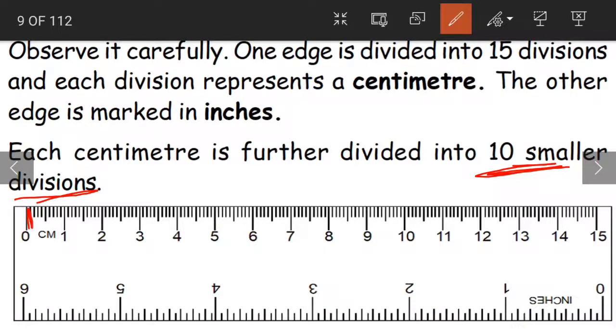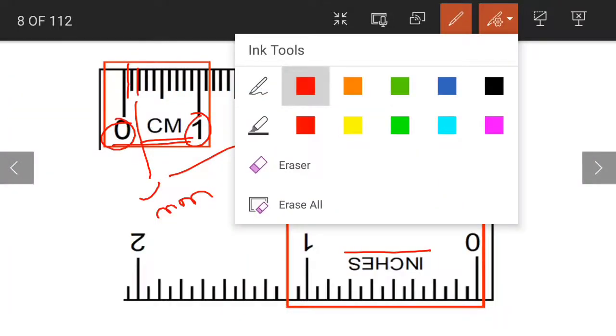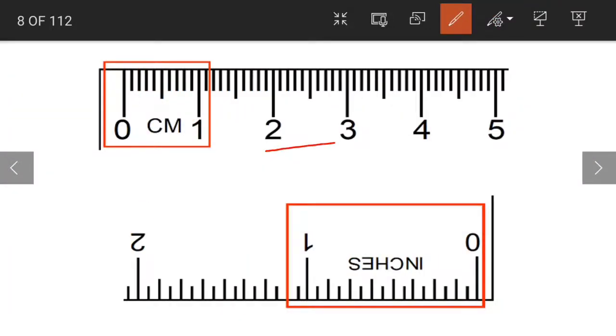See, this is only one part out of the 10 divisions. If you want to represent it as a fraction, the fraction would be 1 by 10. The centimeter is divided into 10 equal parts. So the total number of parts is 10 and we are considering only one division.